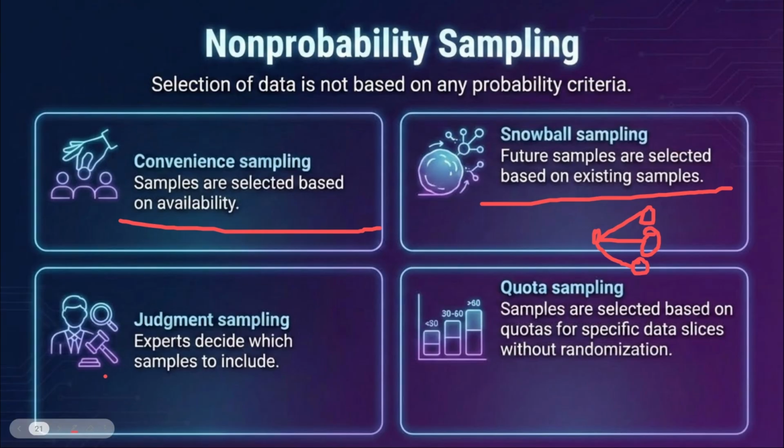Judgment sampling. Experts decide which samples to include. So this might have a lot of bias before we even start model development. Quota sampling. Samples are selected based on quotas for specific data slices without randomization. Let's say there is a survey where we want to take details of different groups: below 30, 30 to 60, or above 60.